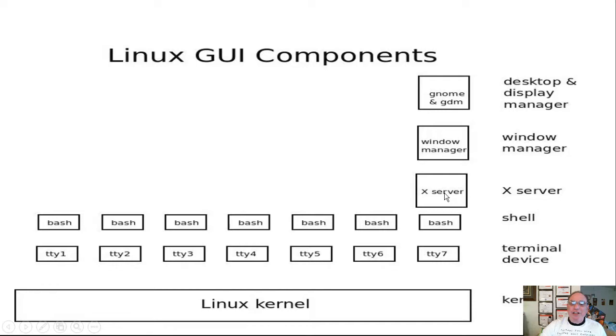So these three, the Xserver, the window manager, and the desktop and display manager, together make up your graphical user interface. They sit on one of the TTYs, which varies by distribution. The TTYs sit on top of the kernel.